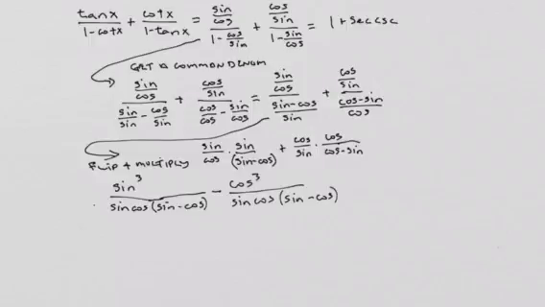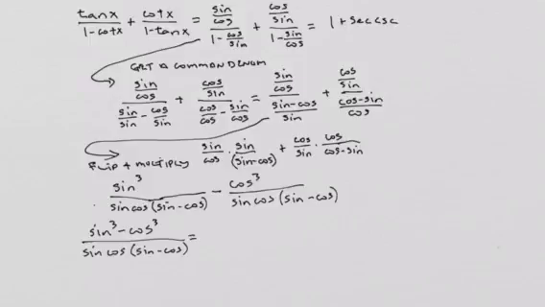Okay, we're getting there. Now we have a common denominator, so I'm going to put those two fractions together. We got sine cubed minus cosine cubed over sine times cosine times sine minus cosine.